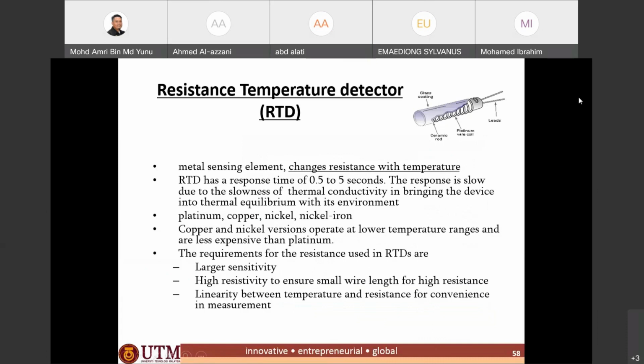Another thermal sensing device is the resistance temperature detector, or RTD.